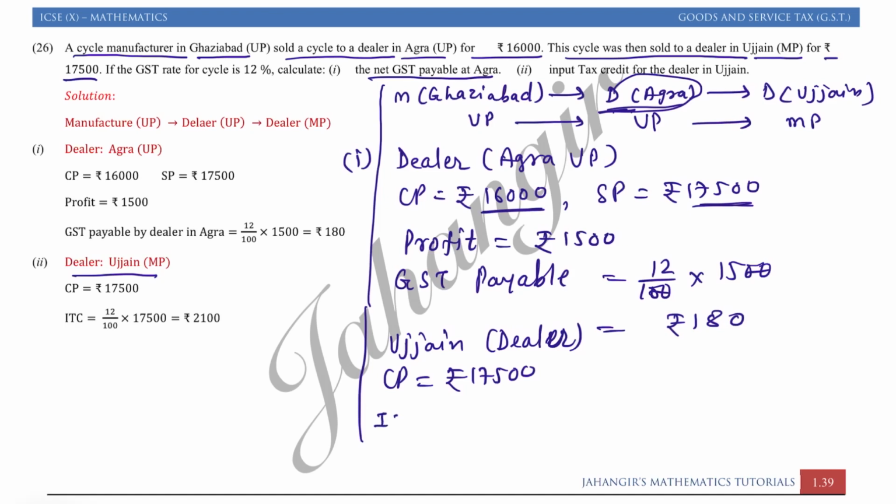So ITC for the dealer in Ujjain is 12% of 17,500. 0 cancel, that is equal to ₹2,100. You have to just understand the terms. Input tax credit is the tax paid on the purchase by the dealer in Ujjain. So first find the cost price and then find tax on it. Here we don't have to classify as CGST or SGST or IGST. Here we are talking about only GST in this question.